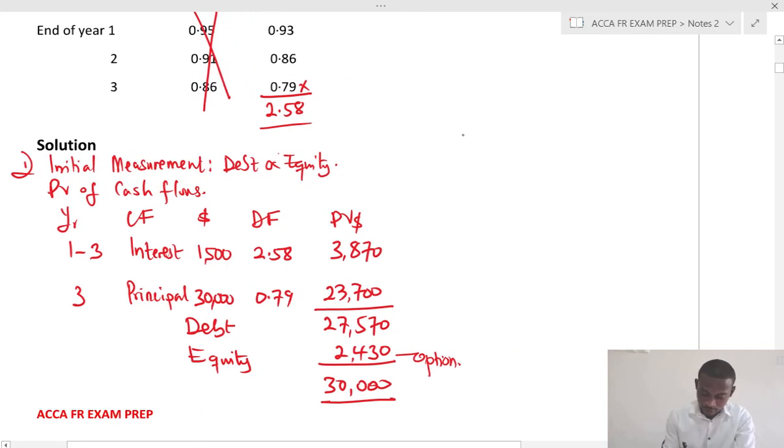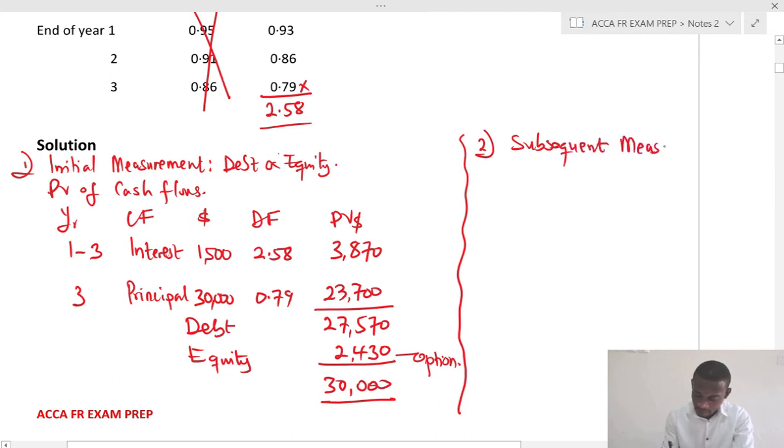So the next thing to look at is what happens on subsequent measurement. And the subsequent measurement here, we are looking at the year end, i.e. year end 31st March 2016.